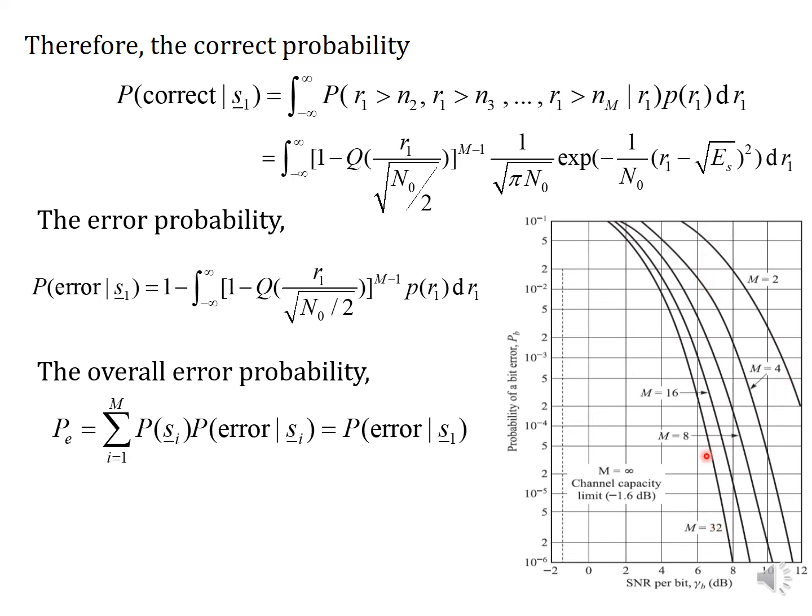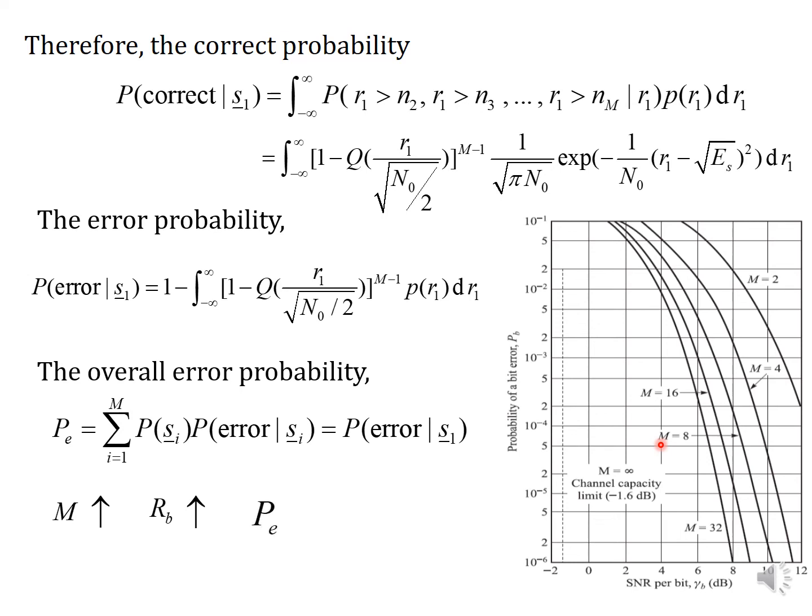As M increases, the bit rate increases as well, because every symbol carries more bits for every transmission of the symbol.